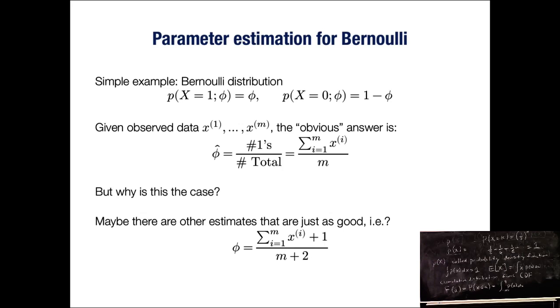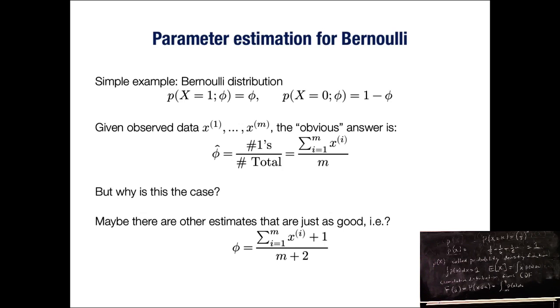So now, suppose that we have some observed data. Each of these data points, x superscript i, will be either 0 or 1. Actually, I didn't want to leave that hat on phi there, so I apologize for that. There should be no hat there. I didn't want to bother with hats and things like this. I'm just going to use the same thing, and you have to figure out whether it's an estimate or something else.